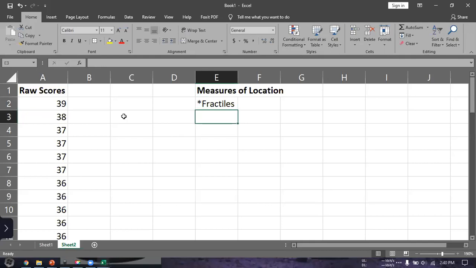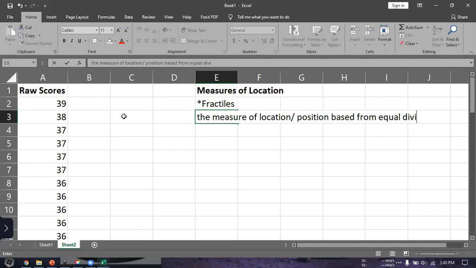Fractiles are the measure of location or position based from equal divisions. So you have your raw scores with you, and then you have to separate or divide your data into some number of divisions.